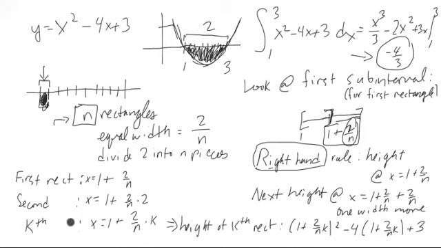For the kth rectangle, we will be finding the height at the right end of the kth subinterval, and that's going to be k widths over from 1. So 1 plus 2 over n times k is the x value that we would plug into the function to find the height of that rectangle. So the height of the kth rectangle is simply this plugged into the function itself right there.